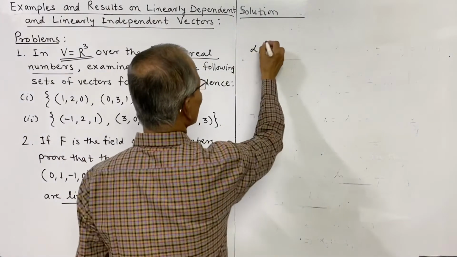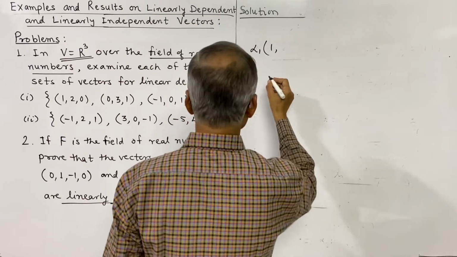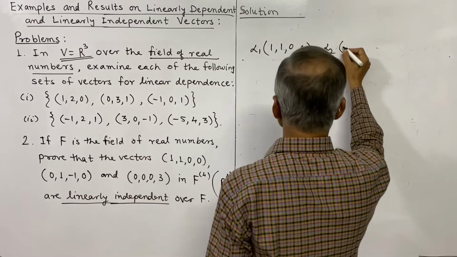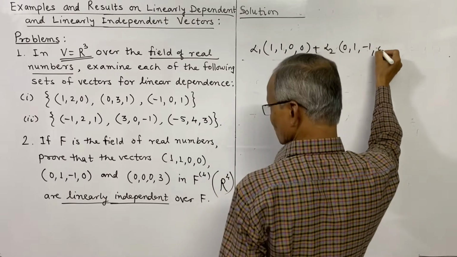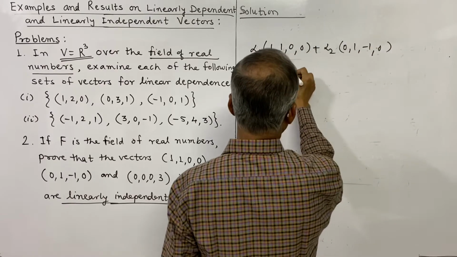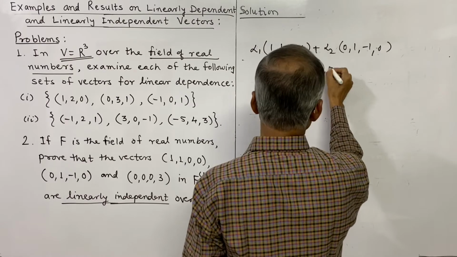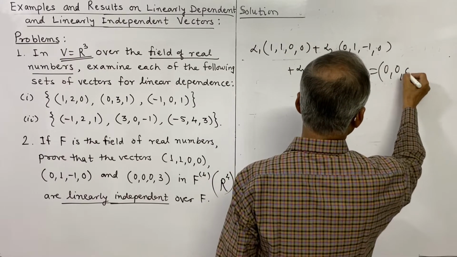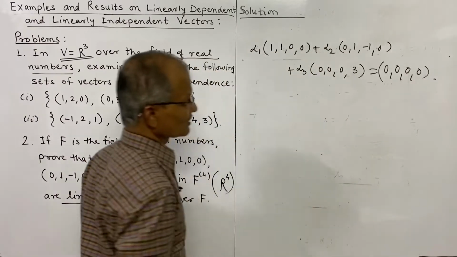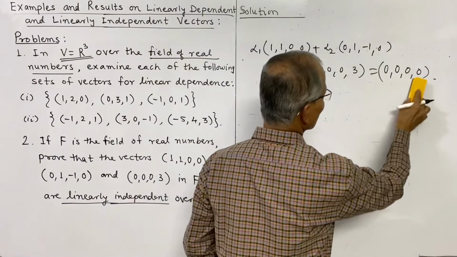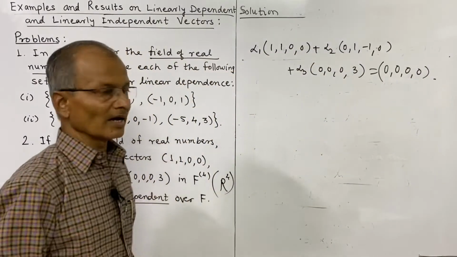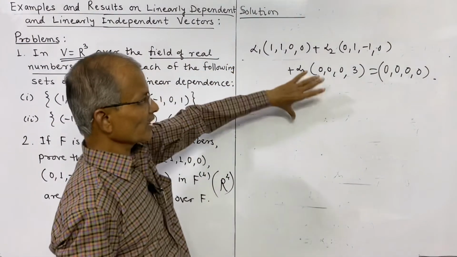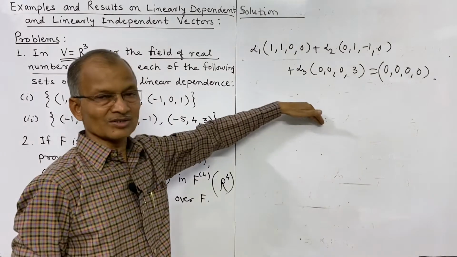So we have the equation alpha 1 (1, 1, 0, 0) plus alpha 2 (0, 1, -1, 0) plus alpha 3 (0, 0, 0, 3) is equal to 0 with 4 components, which gives 4 equations that are easy to solve.